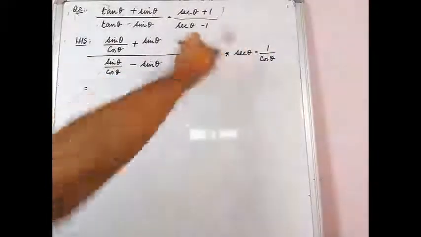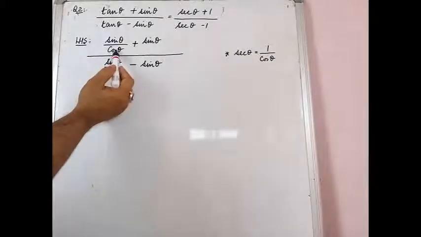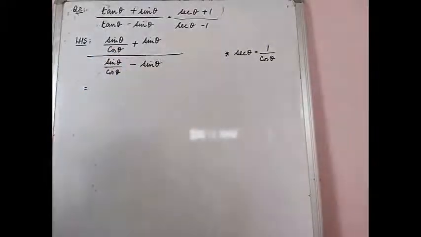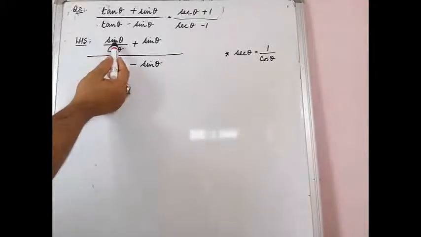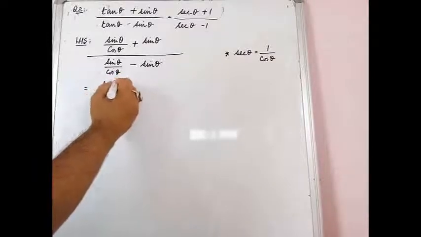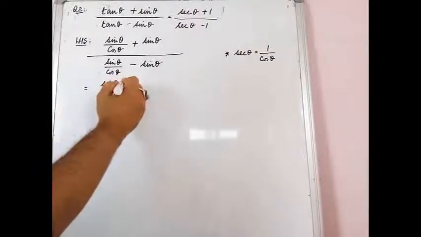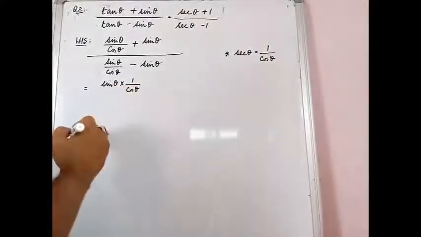So as long as you remember this, you can easily see that this 1 upon cos theta, because this cos theta is in the denominator, so if I keep sin theta separately, what I am telling you is this, sin theta into 1 upon cos theta.